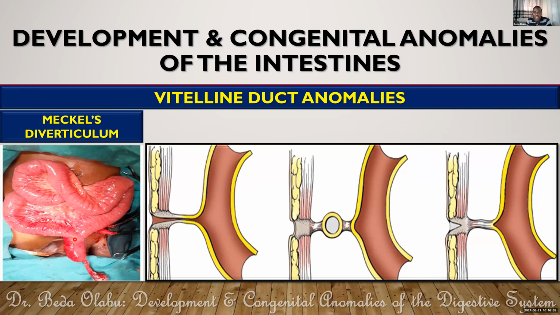The problem with Meckel's diverticulum is that the mucosa of the diverticulum usually contains epithelium similar to that of the stomach. Very strange. They contain gastric mucosa, and you know what gastric mucosa does? It produces hydrochloric acid. So even Meckel's diverticulum produces hydrochloric acid. You can imagine what would happen. This Meckel's diverticulum can perforate anytime, and that's why they're dangerous.